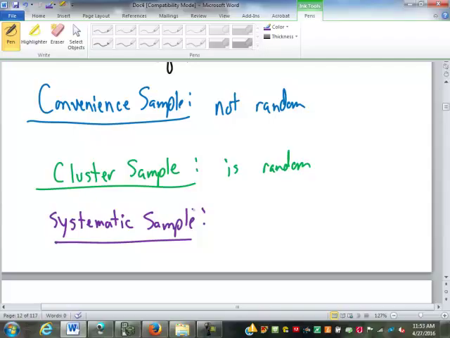But we're not going to test the first and the 101st and 201st. Let's say we randomly select a number between 1 and 100, and it comes out to be 97. So we're going to sample the 97th can and test it, the 197th can, the 297th can. Again, it is random because every can that is produced has an equal chance of being selected.